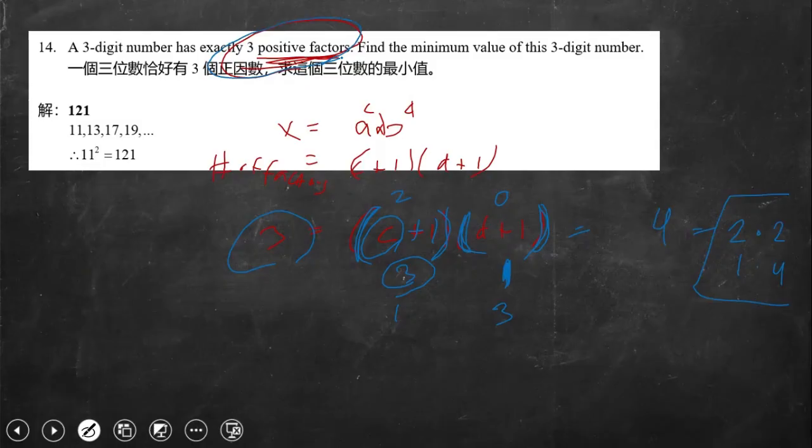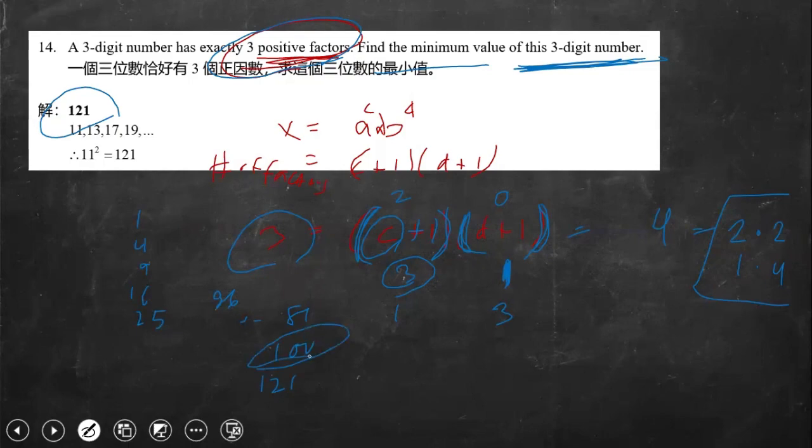Now, what is the minimum value of a 3-digit square of a prime number? It's 121. Counting from the squares, we have 1, 4, 9, 16, 25, 36, up to 81, 100, and 121. Why is 100 not the answer?